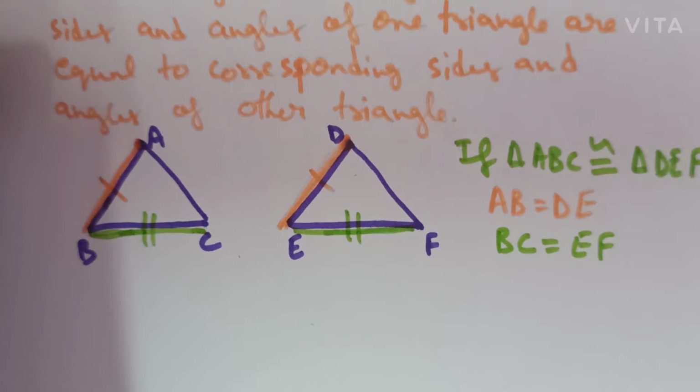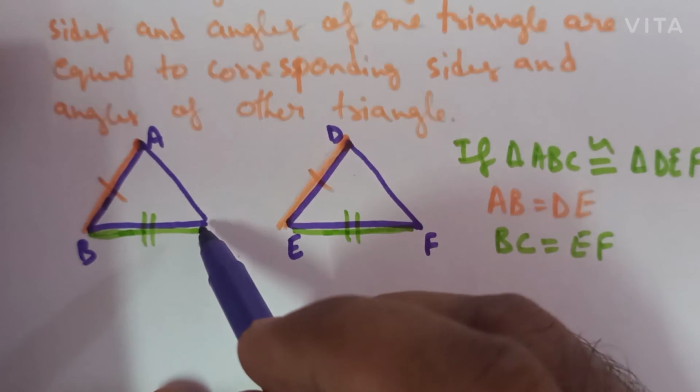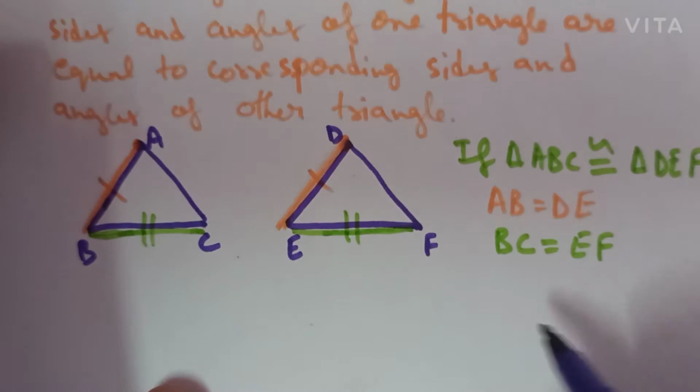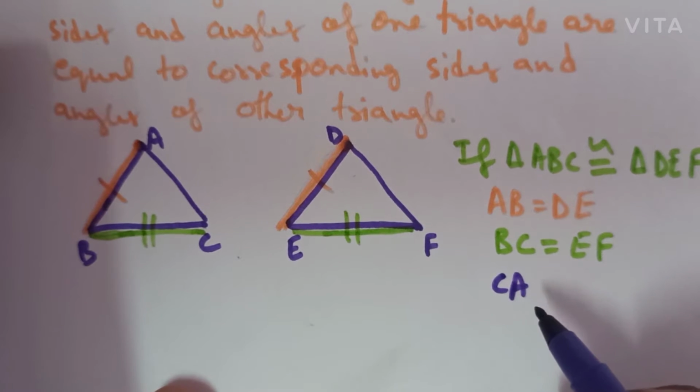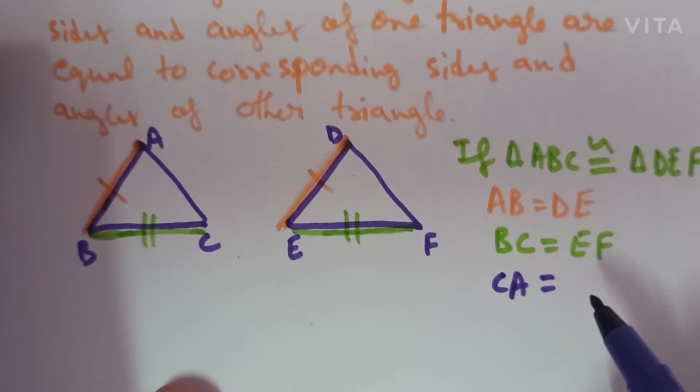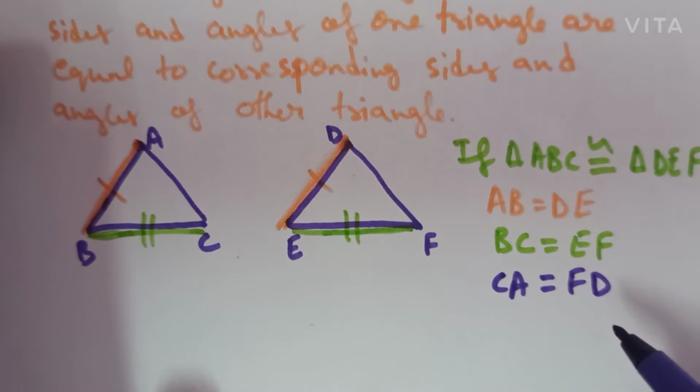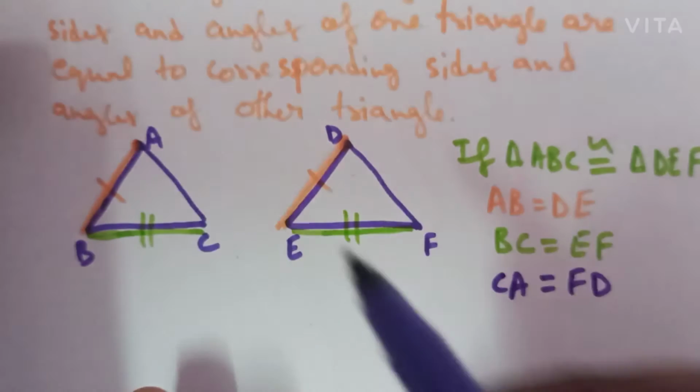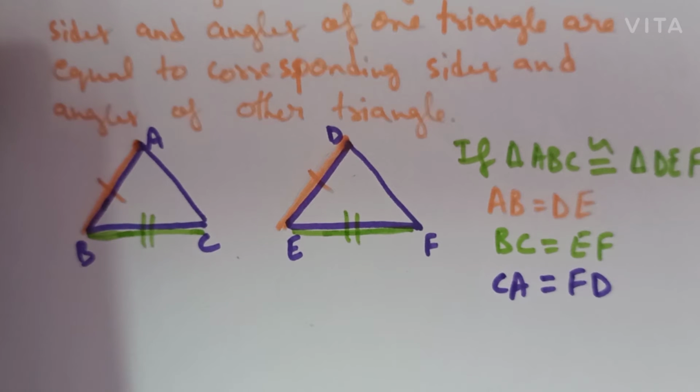Clear? And the third side, C to A, CA and AC are the same thing, will be equal to F to D or DF, so FD. So all three sides of triangle ABC are equal to the corresponding three sides of triangle DEF.